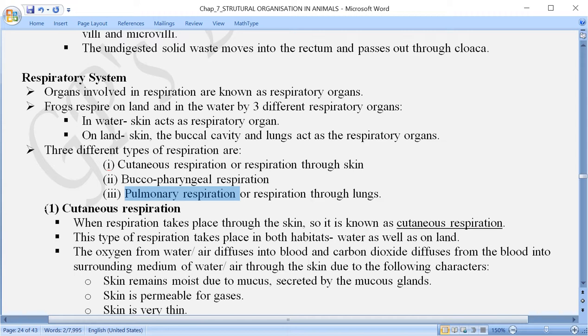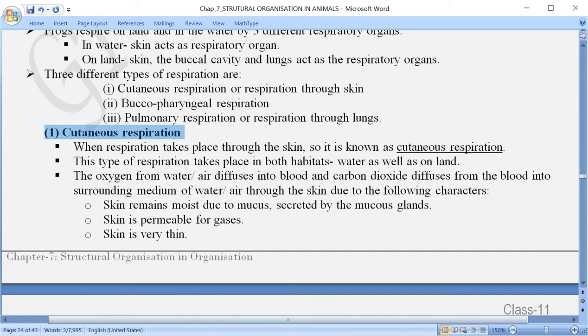Now let's see first of all about the cutaneous respiration. As I earlier mentioned, the respiration that takes place through the skin is known as cutaneous respiration. In this type of respiration, the skin can be used in both habitats.